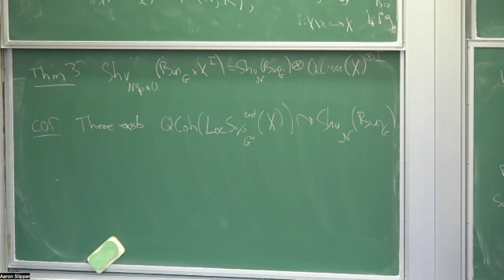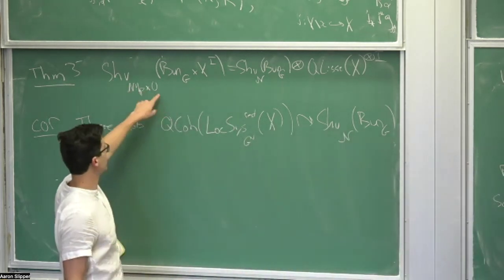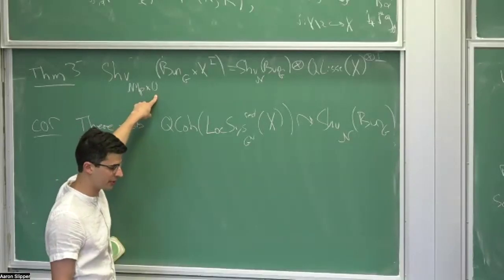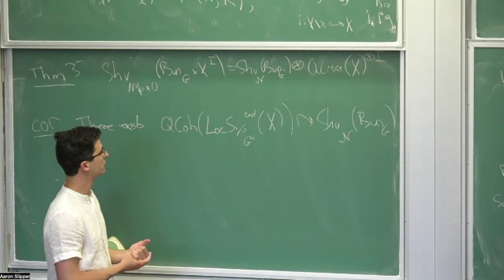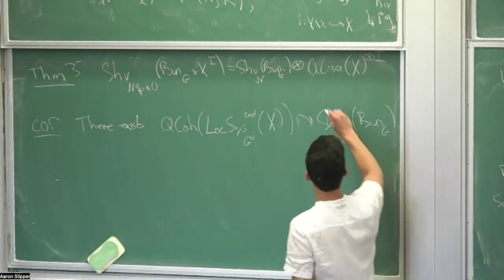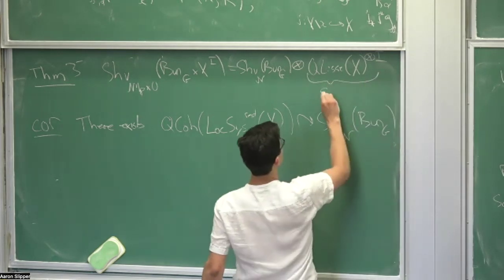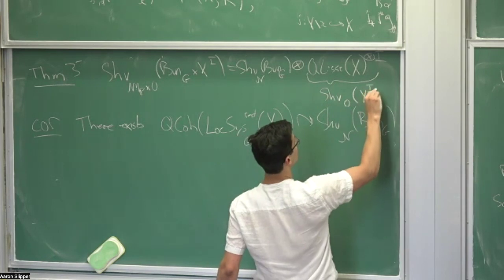This theorem. Yeah, so sheaves with zero singular support along the zero section is the same as quasi-lisse. I can rewrite this as sheaves with zero singular support on X. It's the same.